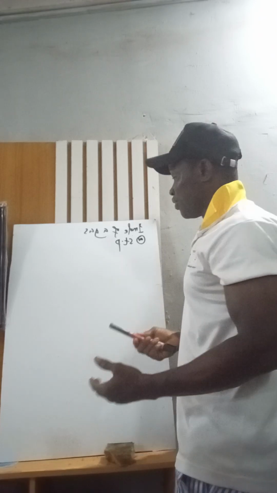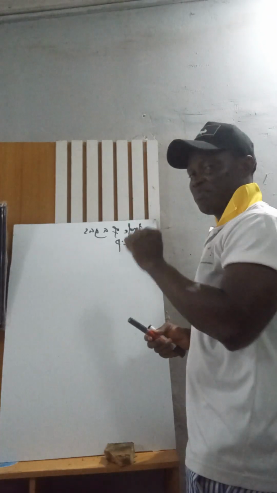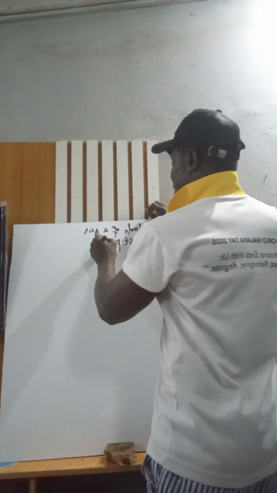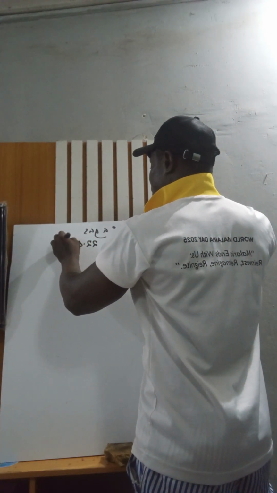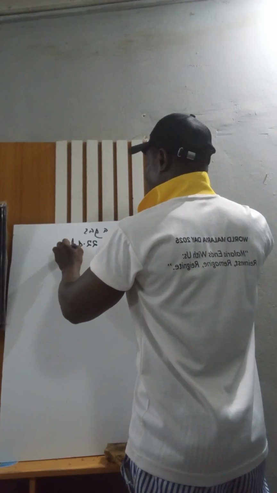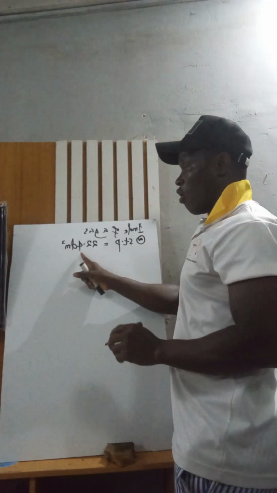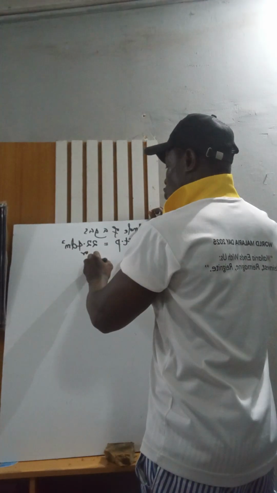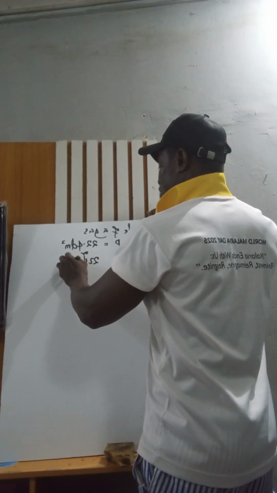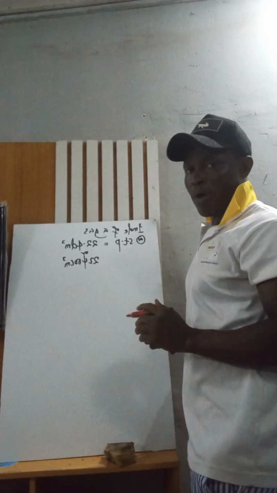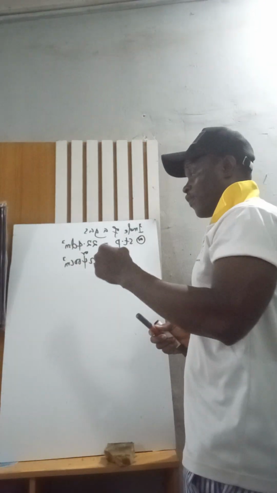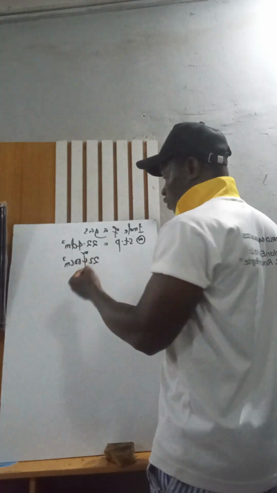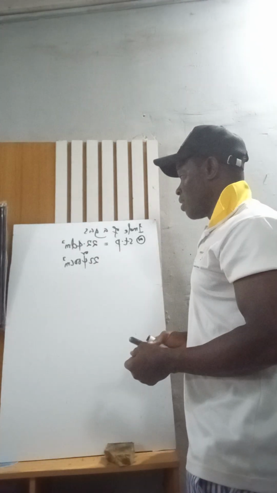At STP, 1 mole of a gas is equal to 22.4 dm cube, or 22400 cm cube. 1 mole of a gas at STP is equal to 22.4 dm cube or 22400 cm cube.